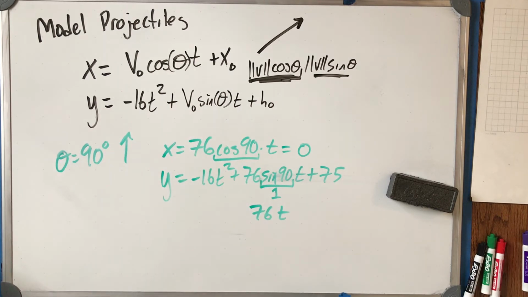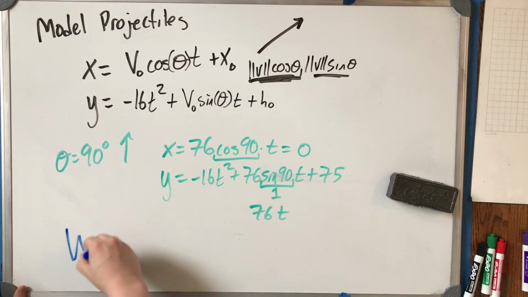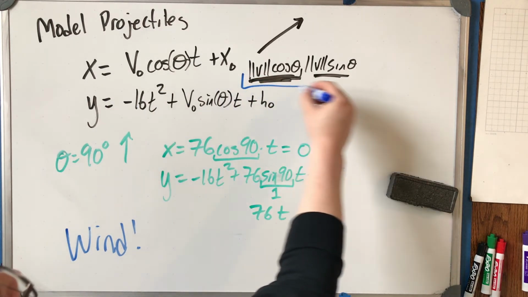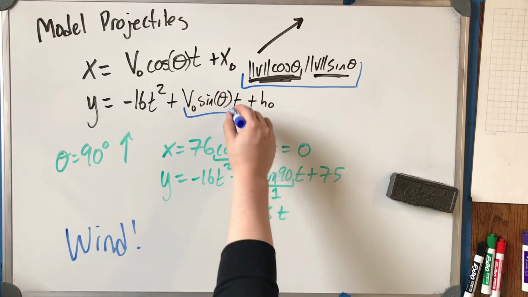There's one other thing in this section that's important, which is wind. So for us, when we're talking about wind, we mean wind or wind gust, however we word it, depending on the question. We're always talking about an instantaneous wind gust which affects the initial velocity. Okay, so that means it's only affecting the initial velocity of these things.